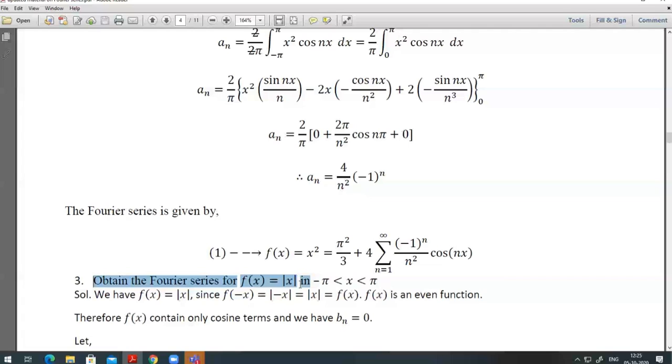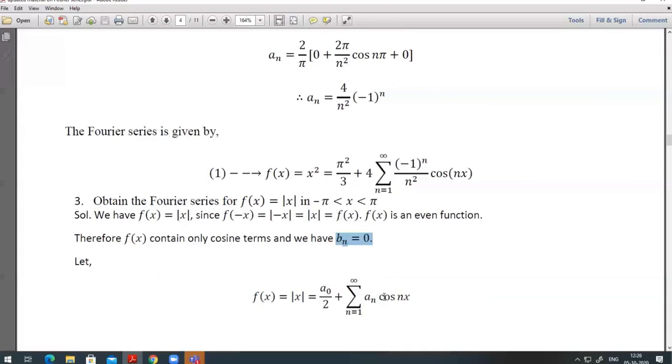By looking at the function, we can decide whether it is even or odd in the given interval and the period. With that information, we can say that the Fourier series contains only cosine terms. It does not contain the sine terms. So that means bn is 0 in this example also.